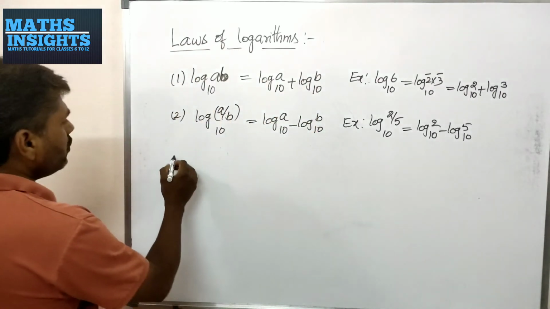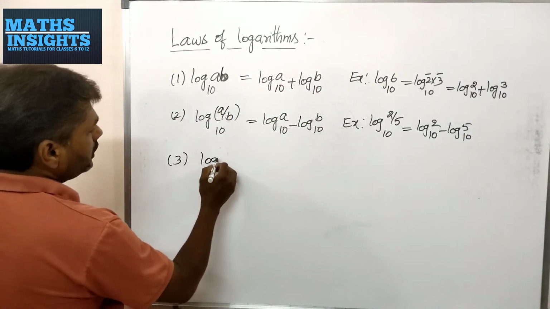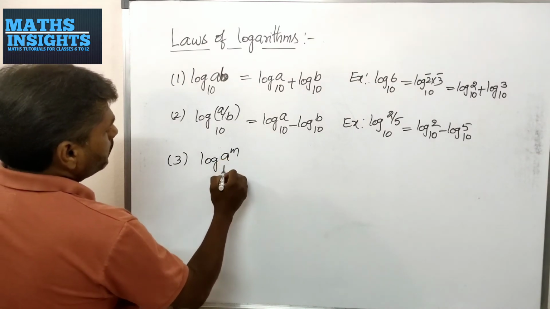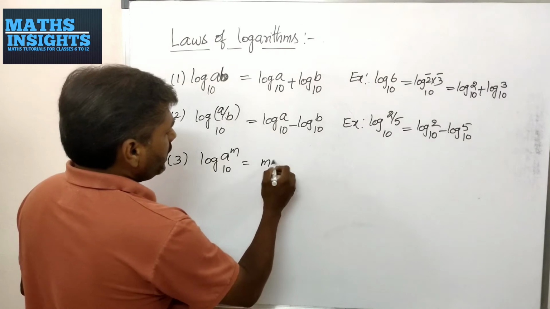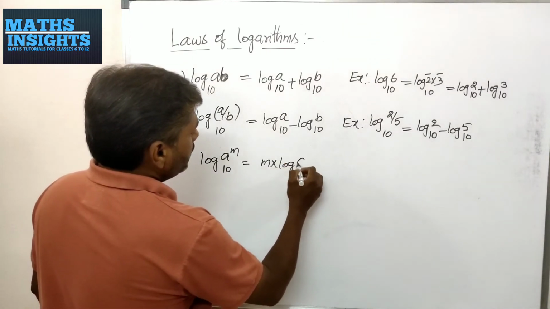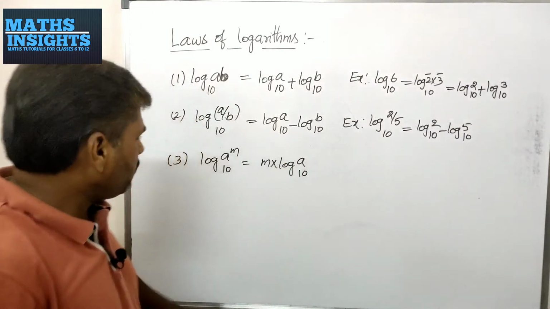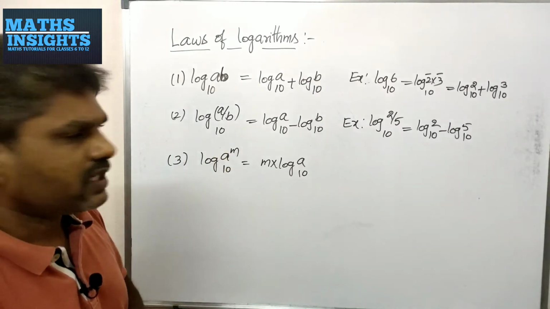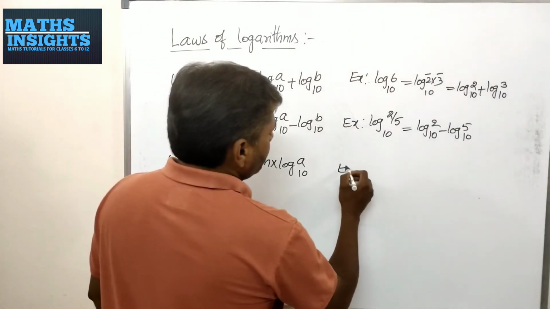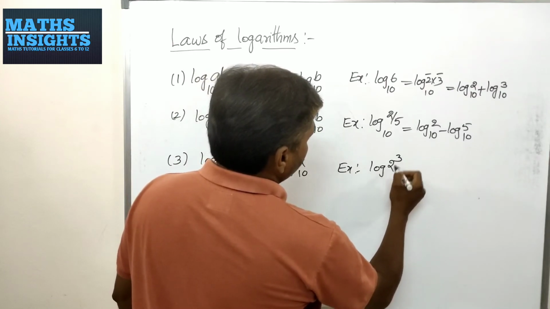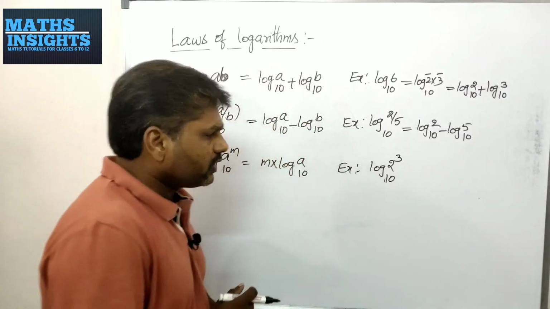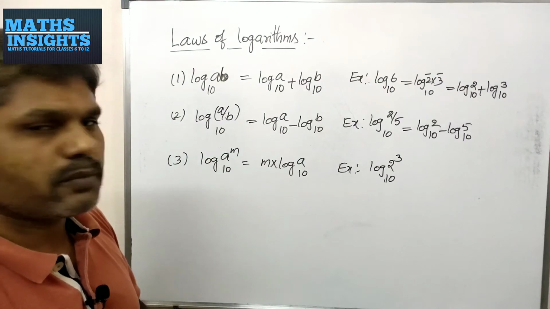Okay. Third one is log a power m base 10, which is equal to m into log a base 10. If you have any power for this a, for example log 2 cube base 10, this is in the form of log a power m base 10.